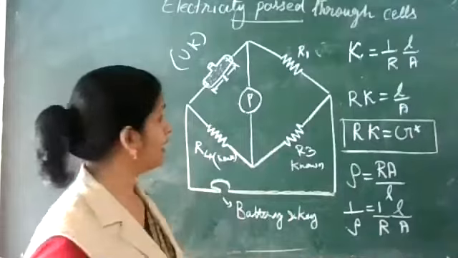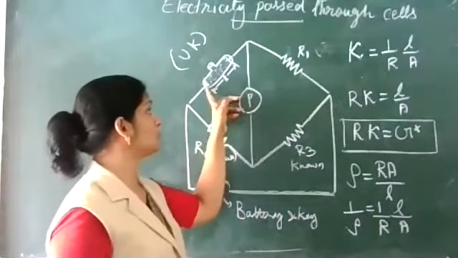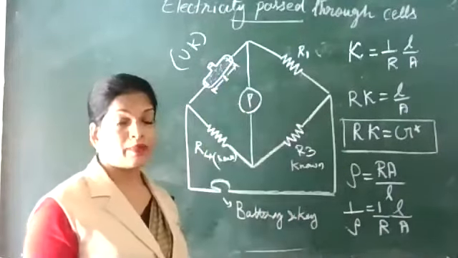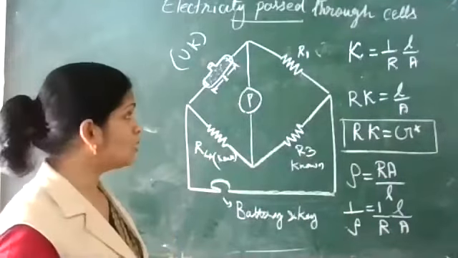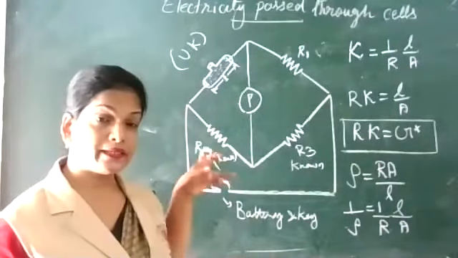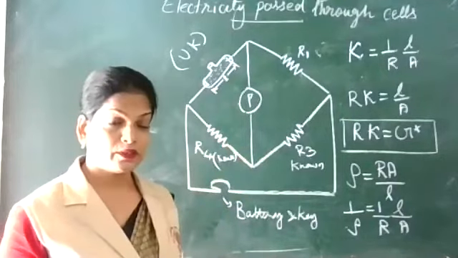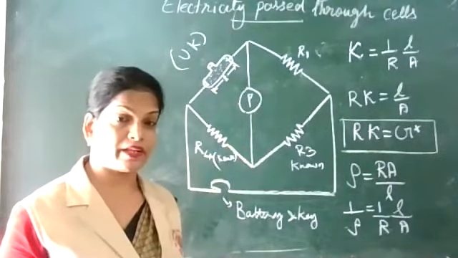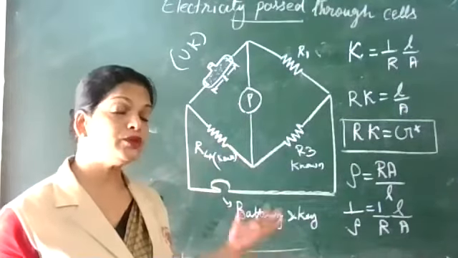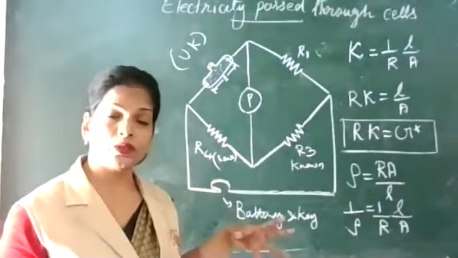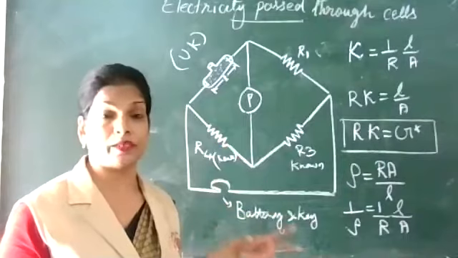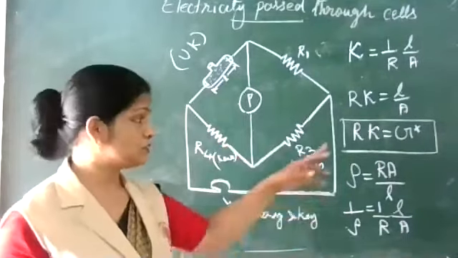That is L by A. Of course, you can measure L, but you cannot measure A because that is kept fixed inside that glass tube. You cannot break the glass tube and find out that A. So you are going to use an indirect method to find out this G star.